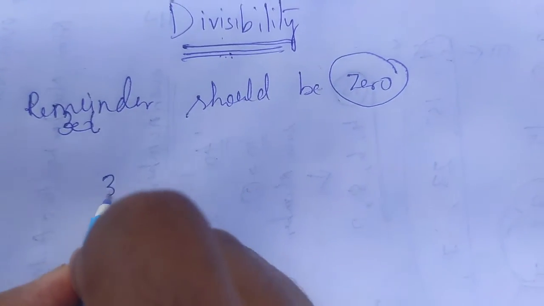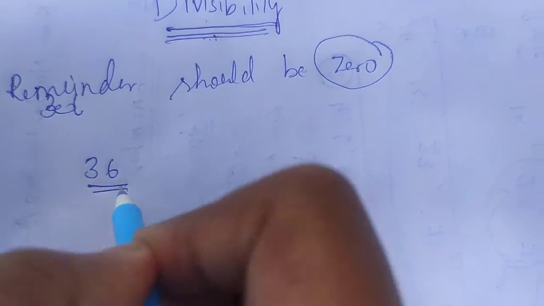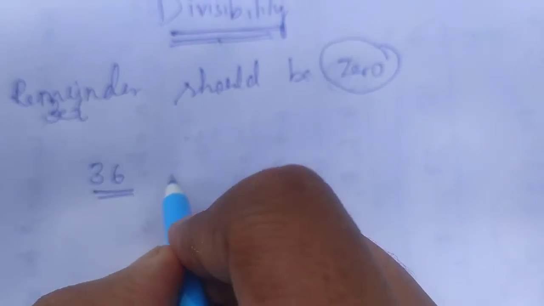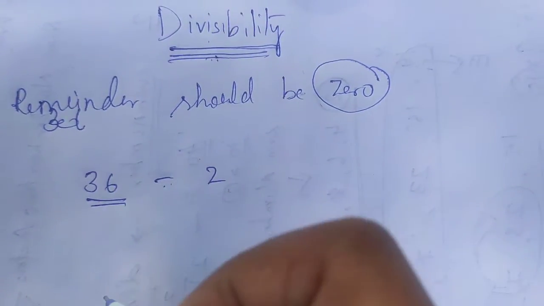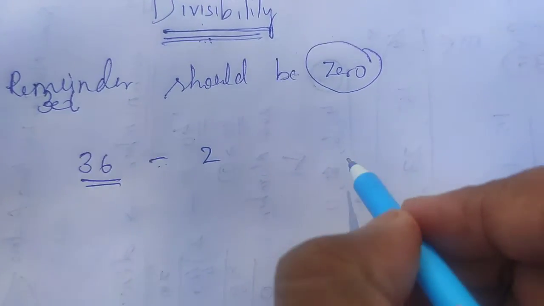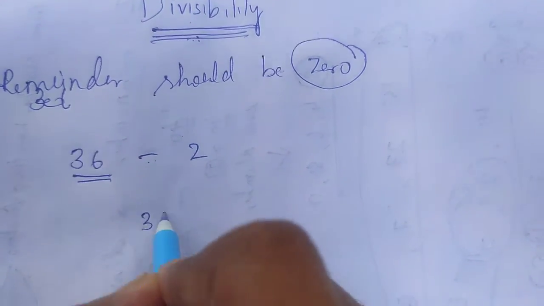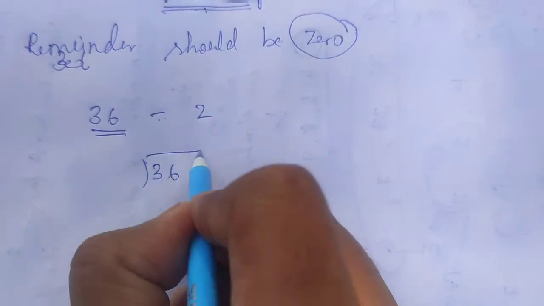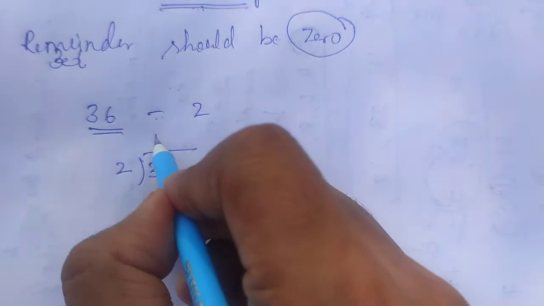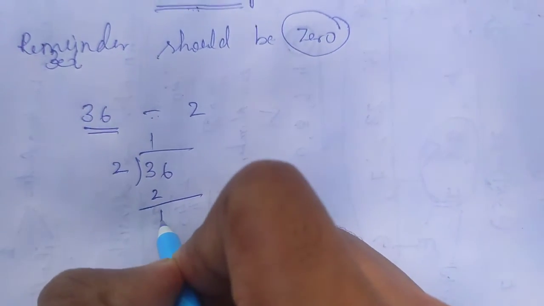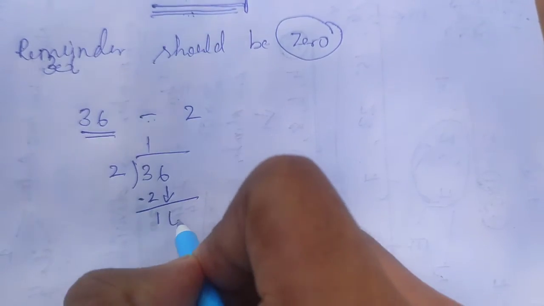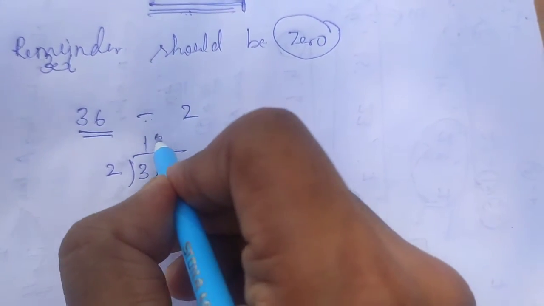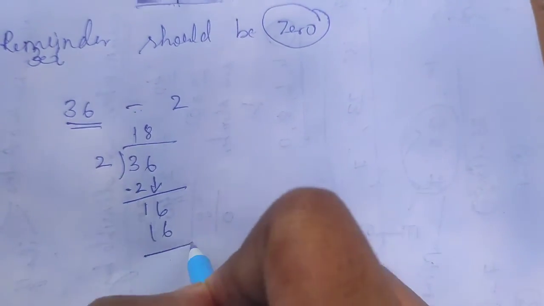Now let us take a number 36. I want to check if this is divisible by 2. So I will divide 36 by 2. 2 1s are 2, we get 1 here and subtract, and this 6 will come down. 2 8s are 16, and 0.